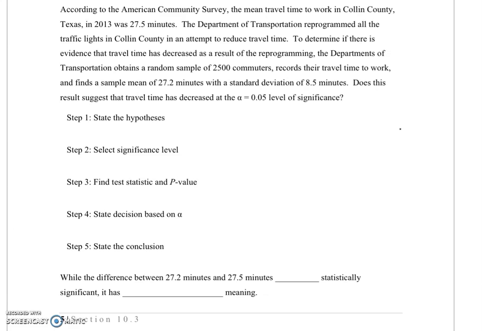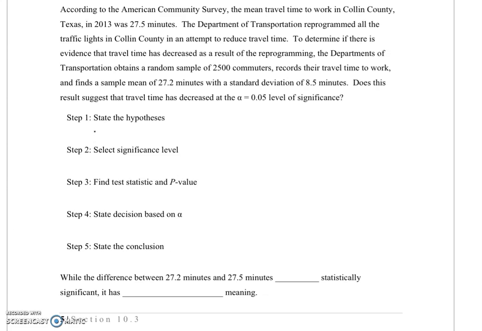To determine if there's evidence that travel time has decreased as a result of the programming, the Department of Transportation obtains a random sample of 2,500 commuters, records their travel time to work, and finds a sample mean of 27.2 minutes with a standard deviation of 8.5 minutes. Does this result suggest that the travel time has decreased at the alpha equals 0.05 significance level?